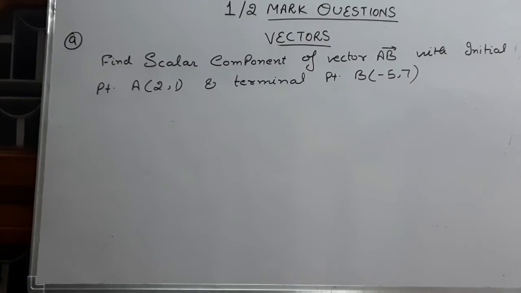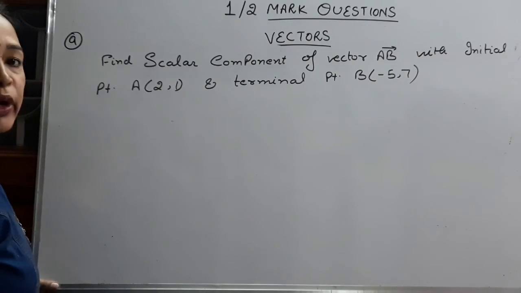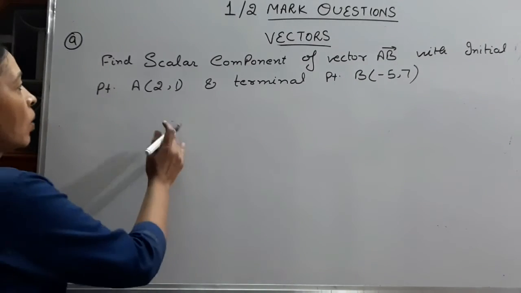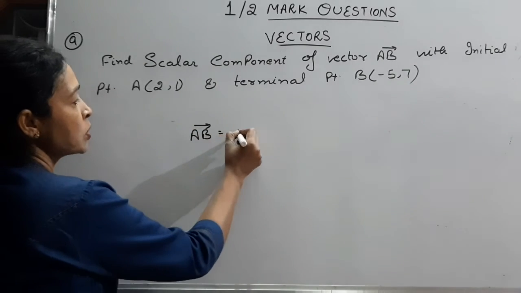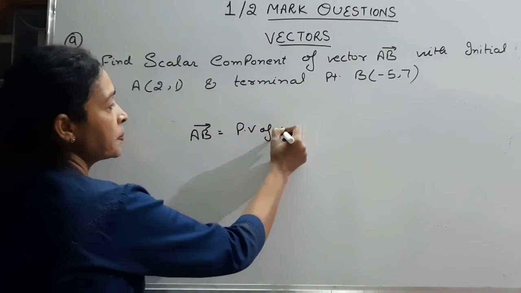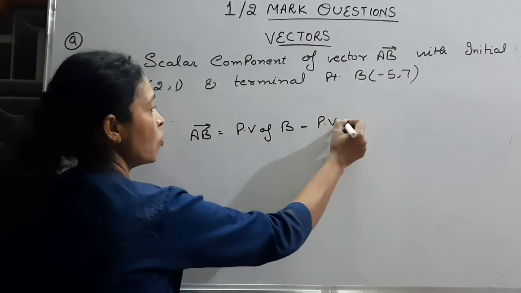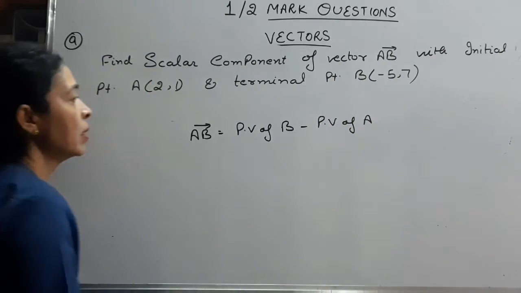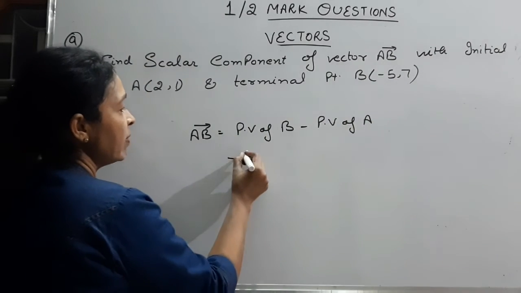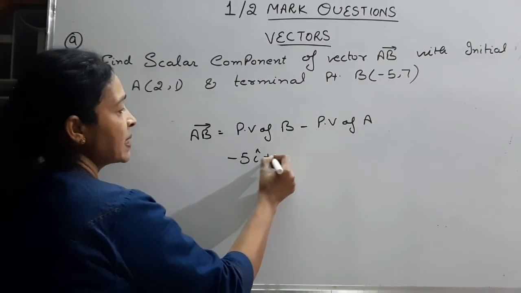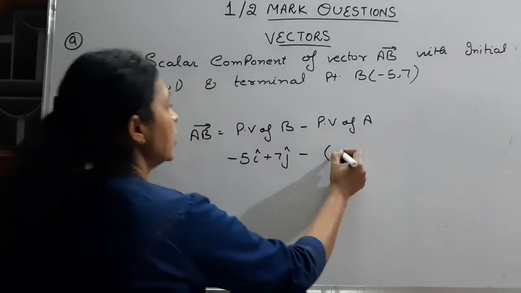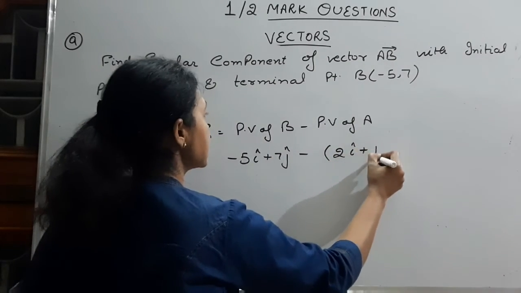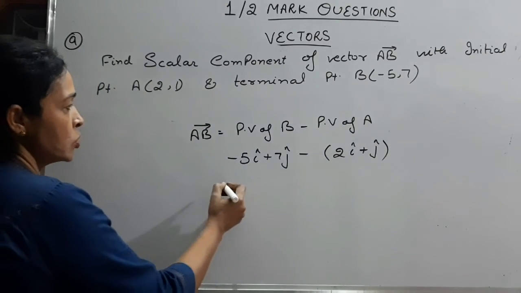Find scalar component of vector AB with initial points A and B. Now, vector AB will be position vector of B minus position vector of A. Position vector of B will be minus 5i cap plus 7j cap minus position vector of A, which will be 2i cap plus j cap.